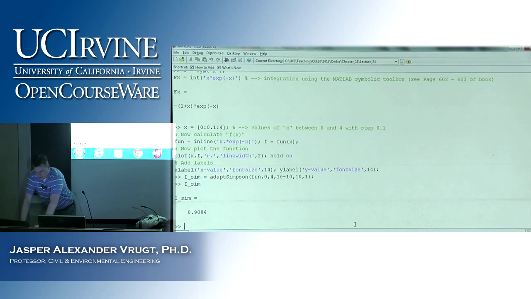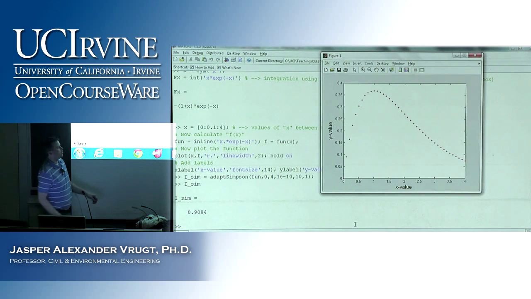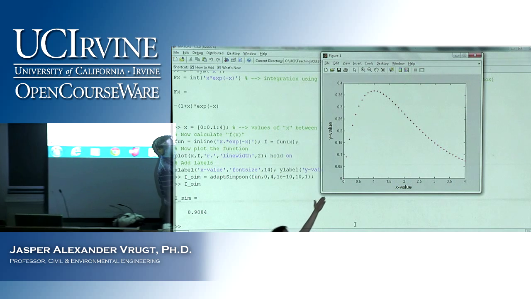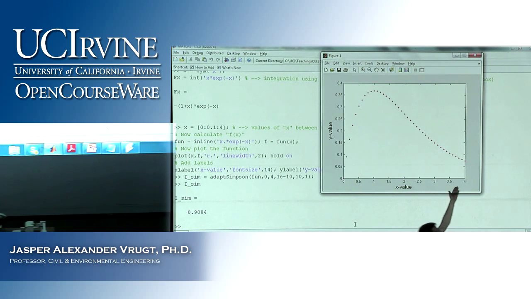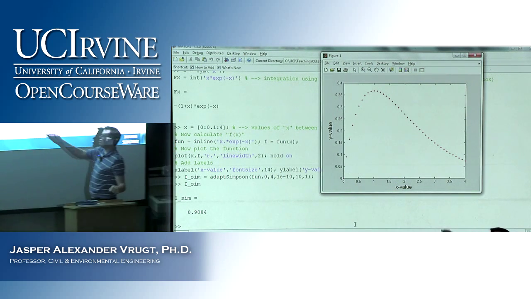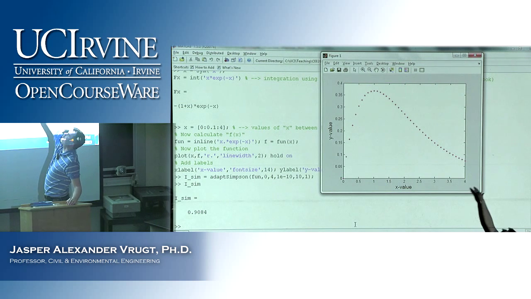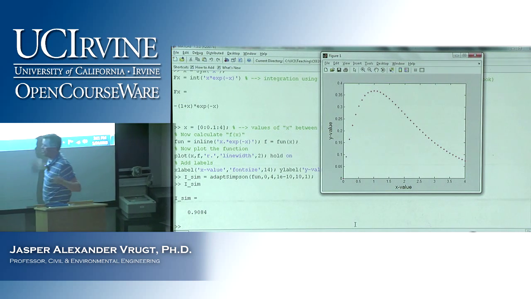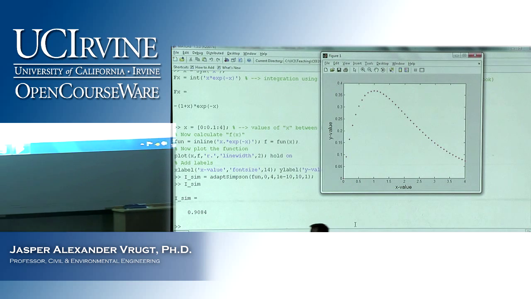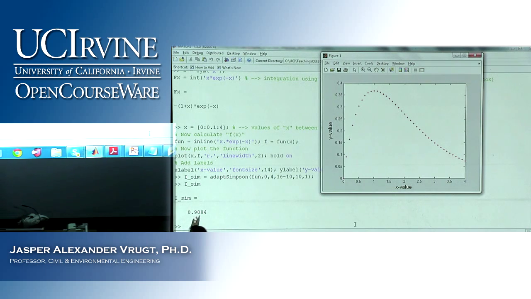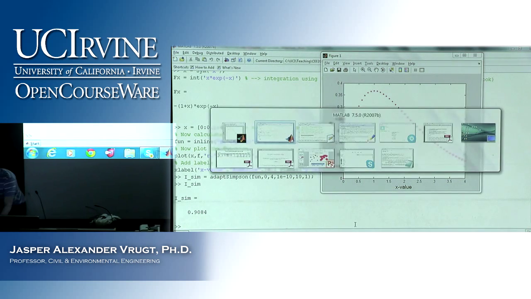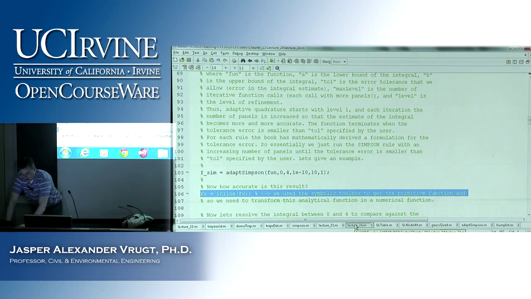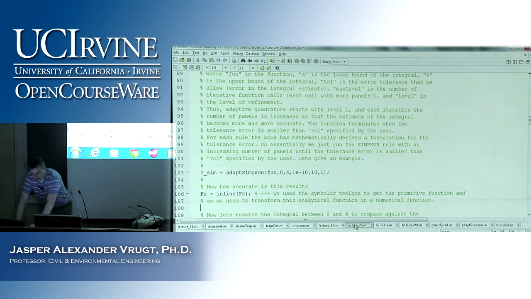So our estimate is 0.9084. So that should be the integral of this function between 0 and 4. So the area under the curve between 0 and 4 is equal to 0.9084. Okay, so now let's see if this makes sense.